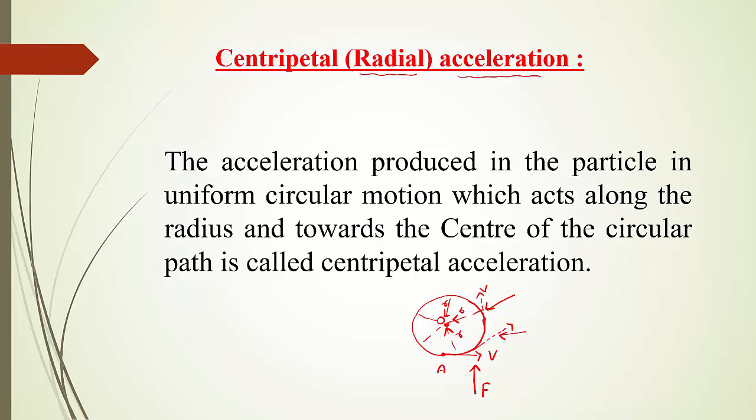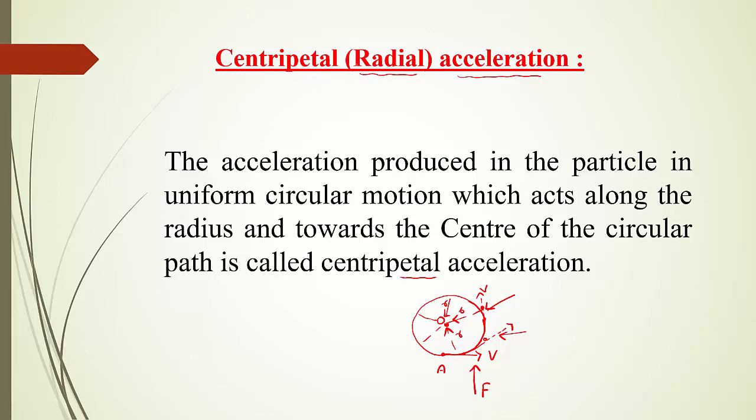When we apply force at these points, only then the object changes its direction. There is a continuous change in the direction of the particle because of the applied force. This applied force is along the radius towards the center, so we call it centripetal. Centripetal means towards the center. Centripetal acceleration is also called radial acceleration.